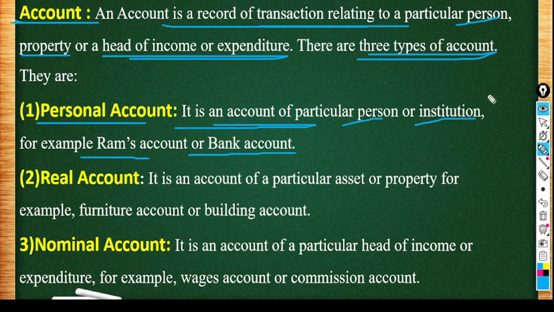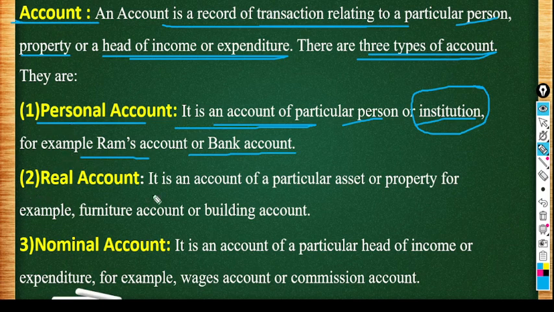For example, institutions we cannot see physically. The names of organizations and business names also come under the personal account. A personal account is of a single person, natural persons, artificial persons, or a group of persons.